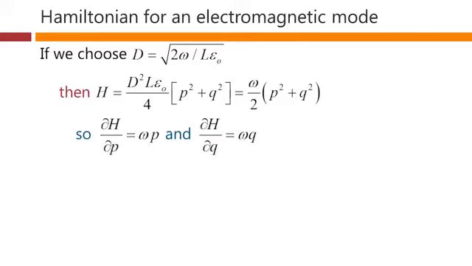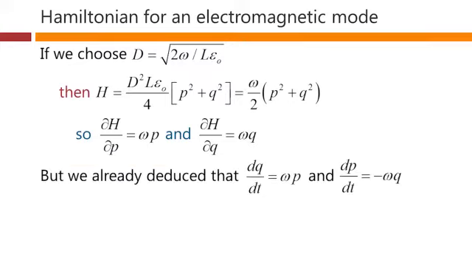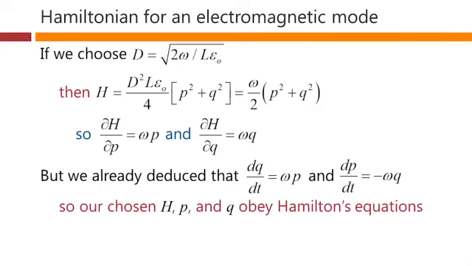So if we check out the derivatives here, dH by dP obviously is just omega P, and dH by dQ is just omega Q. But we already deduced that dQ by dt was omega P, and dP by dt was minus omega Q. So therefore, with our chosen Hamiltonian function and our P and Q, we do indeed obey Hamilton's equations.